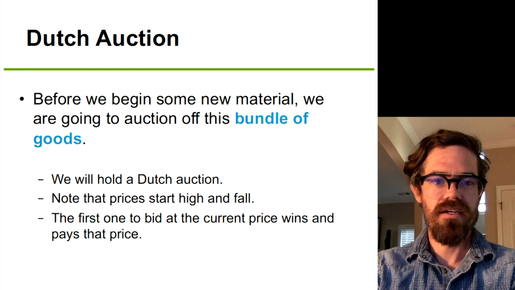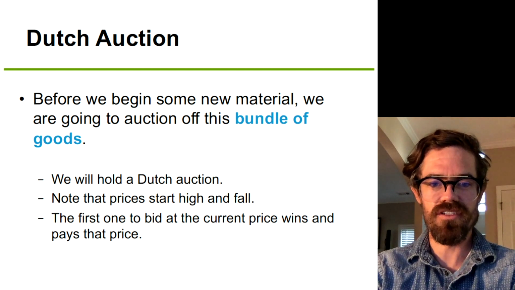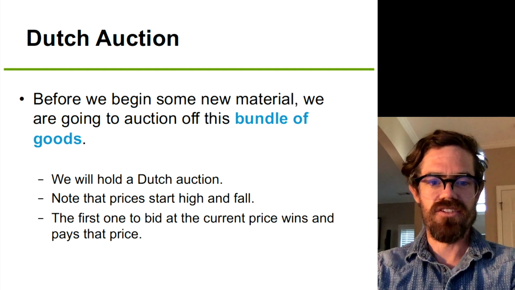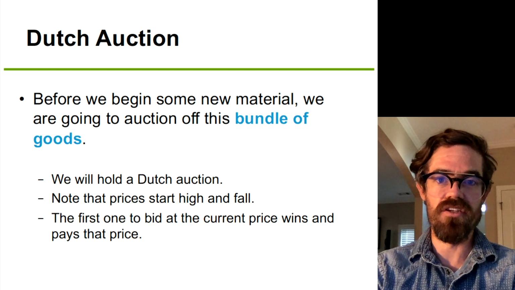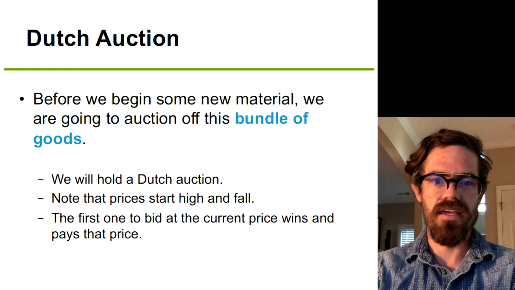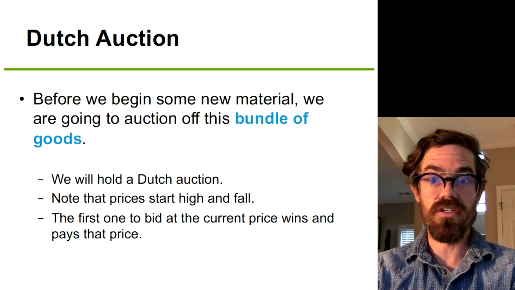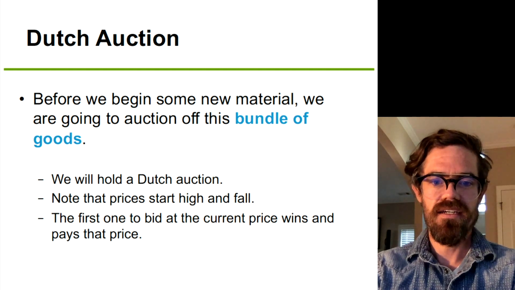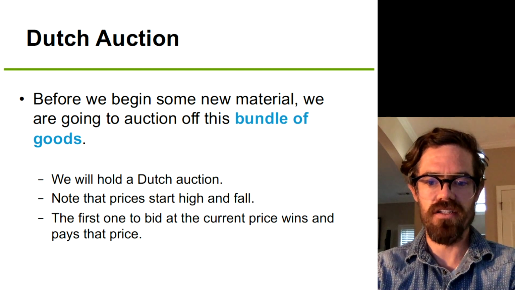The Dutch auction is a little bit different. It's similar in some ways, but it starts at a very, very high price, a price that presumably no one would be willing to buy the good at, and then it slowly falls. The first person to bid wins the item at whatever price it has fallen to.